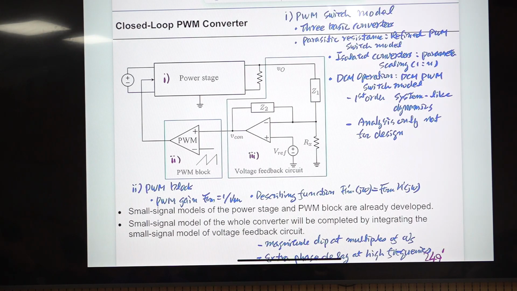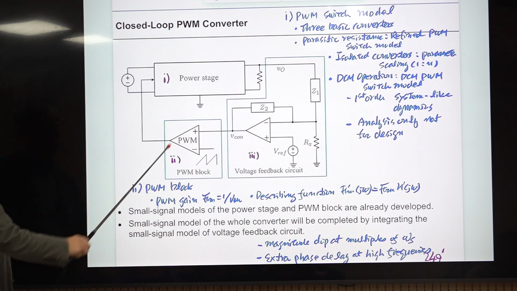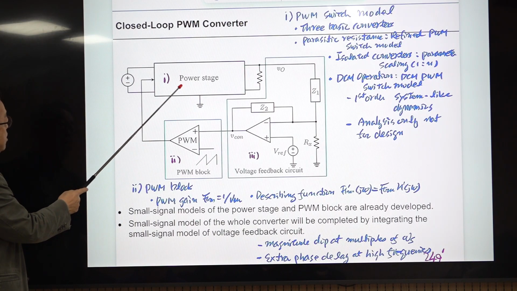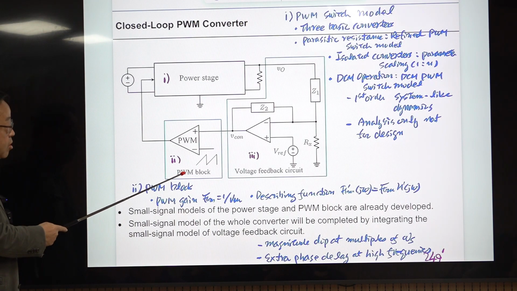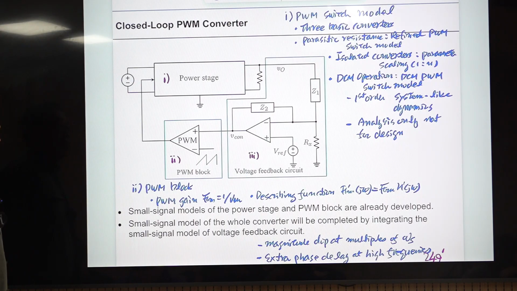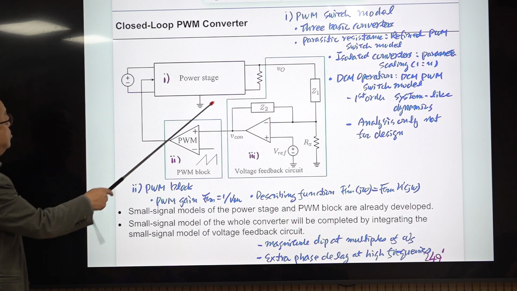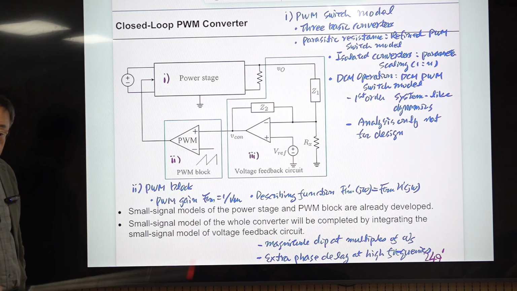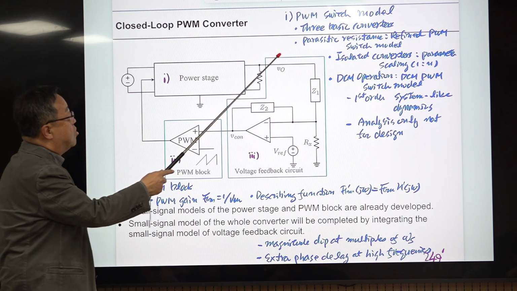So this is the functional diagram of a closed loop PWM converter. So you have the power stage, and you have the PWM block, and you have the voltage feedback circuit. And in the previous lectures, maybe 2 weeks ago, we finished the small signal modeling of the power stage and PWM modulator. So this is the summary of that.